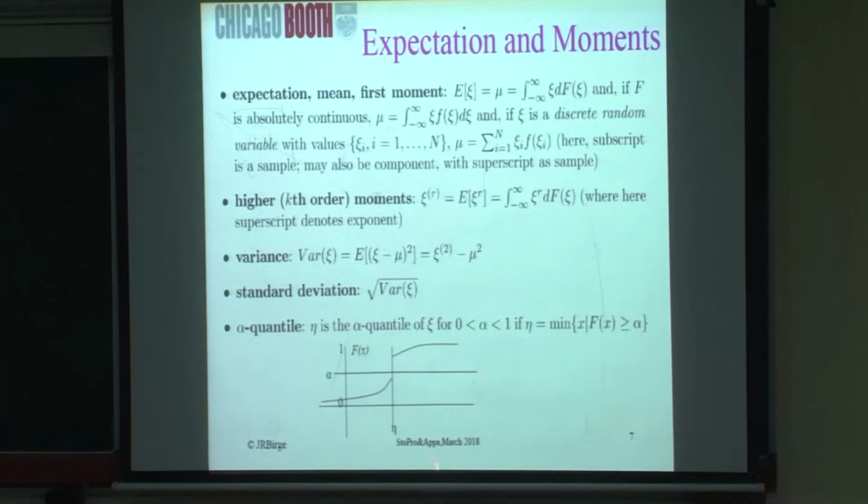Now what that means is that eta is not just the alpha quantile, it's the quantile for everything from up here to down here. So for every value of alpha from 0.6 down to, say, 0.1, eta would be the quantile. Okay, so we can think of all these things as particular moments, which means they're functions of the random variable.